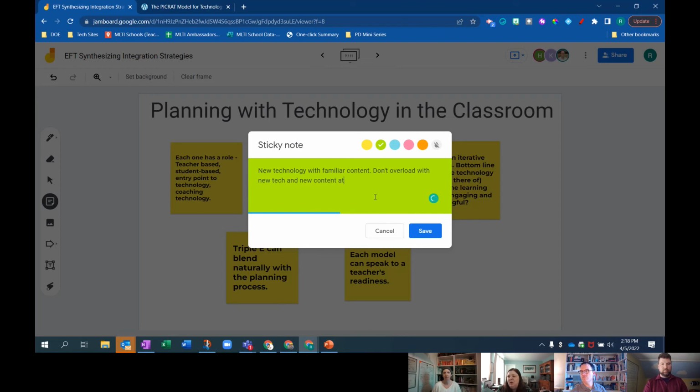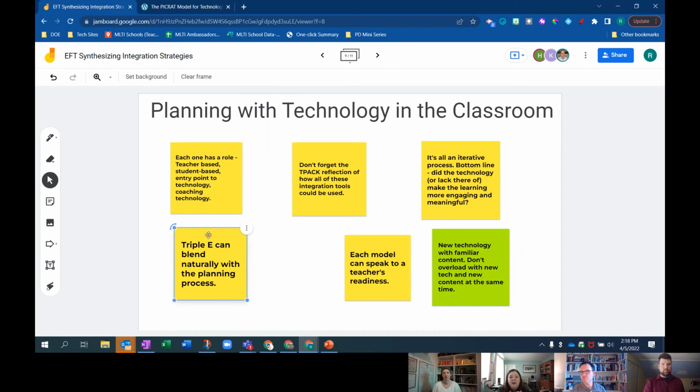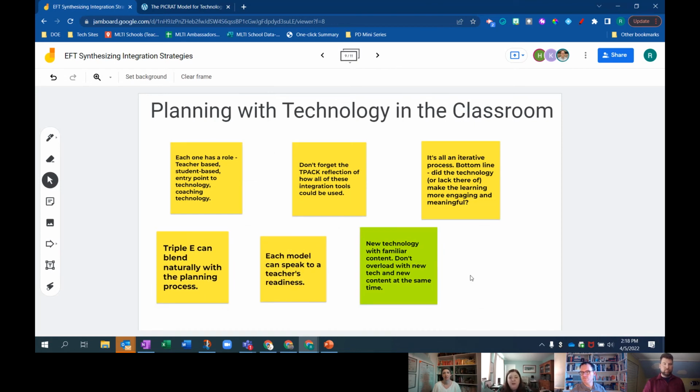So when you're choosing tools that maybe students don't have a lot of experience with, make sure that in your lesson planning you are making space for them to either know the content, then learn the technology, or already have prior knowledge with the technology to then introduce the content, so that they're not trying to do both at the same time, because you're setting yourself and everybody else up for a lot of frustration and failure.